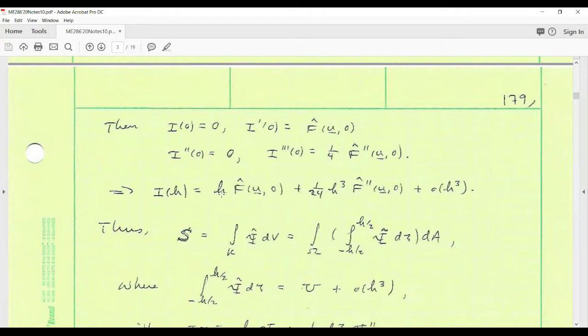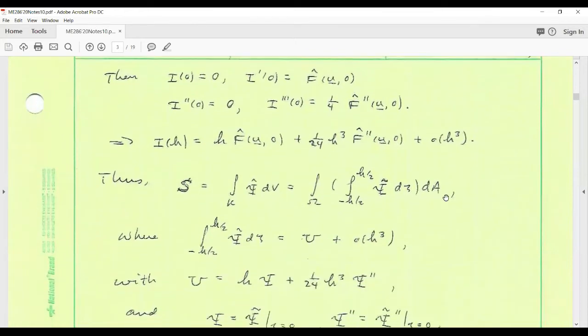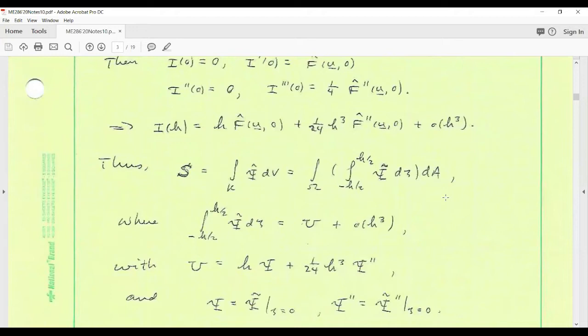And we have the leading order term is of order h, so we get the integrand evaluated at the midplane, and 1/24 because we have a 1/6 in the Taylor expansion combined with 1/4, h cubed, the second derivative with respect to zeta evaluated at the midplane, plus the higher order terms. So this gives you then a small h approximation to the integral. And that's what we'll use, say, in the strain energy, this interior integral with respect to zeta.